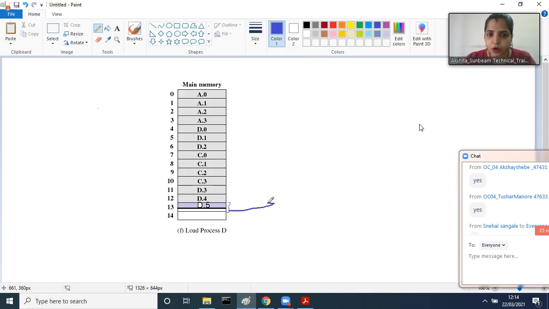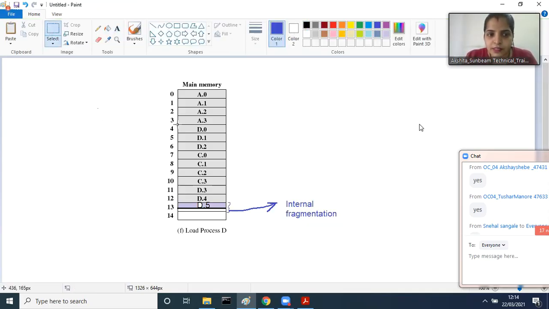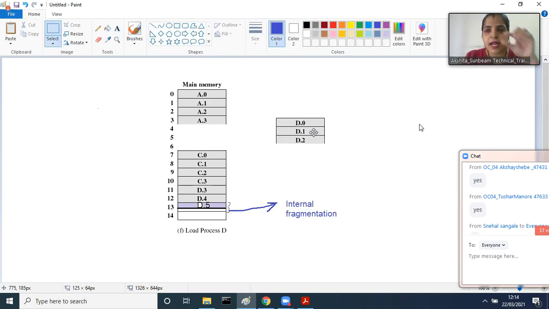Which type of problem is this? Is it nothing but internal fragmentation? Of course, yes, it is an internal fragmentation. Initially, when I did not have D0, D1, D2, at that moment, that block was empty. That was external fragmentation.